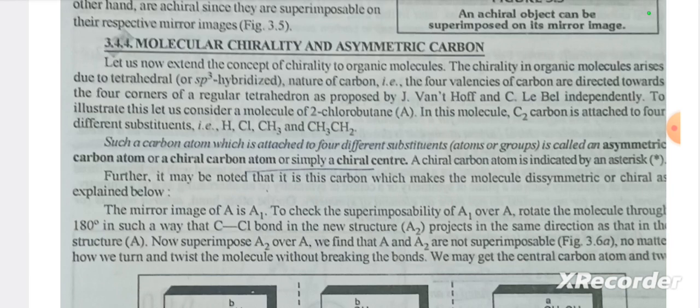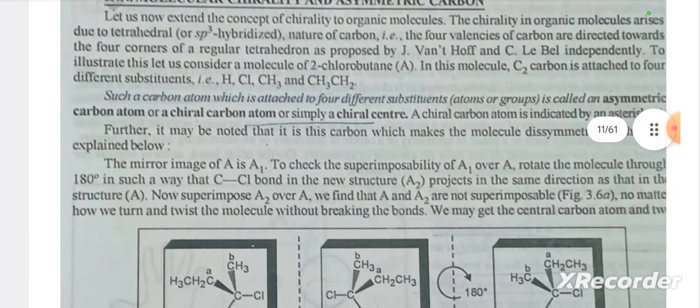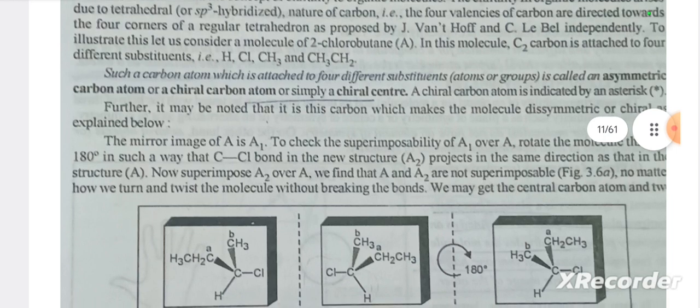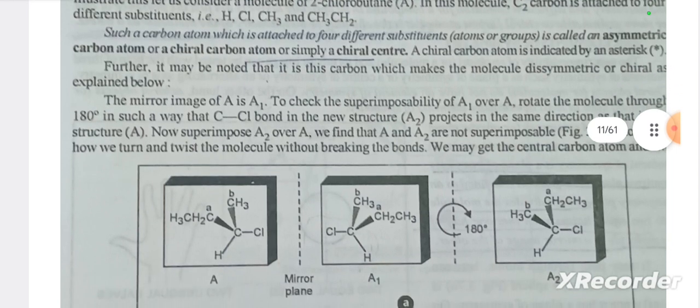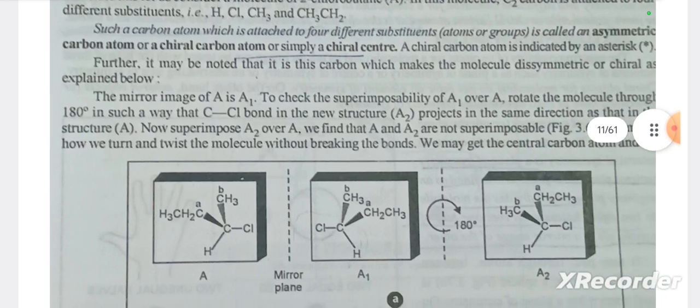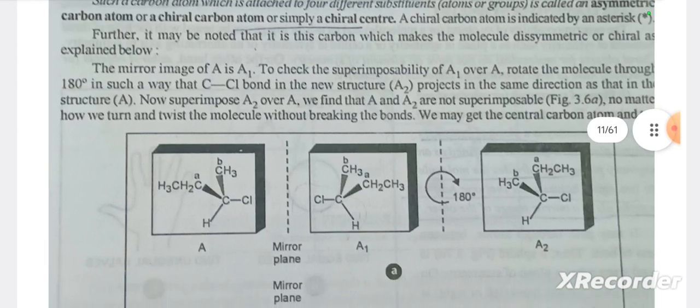To illustrate this, let us consider a molecule of 2-chlorobutane. In this molecule, the C2 carbon is attached to four different substituents: H, Cl, CH3 and C2H5. Such a carbon atom which is attached to four different substituents is called an asymmetric carbon or a chiral carbon atom, or simply a chiral center. A chiral carbon atom is indicated by an asterisk.